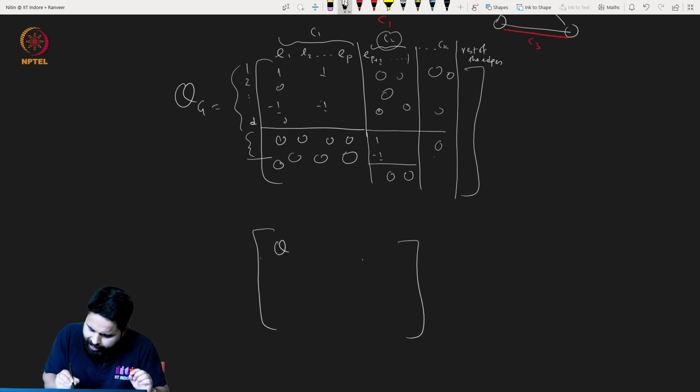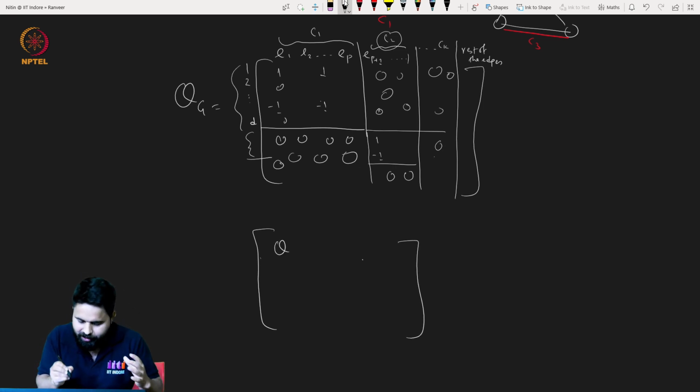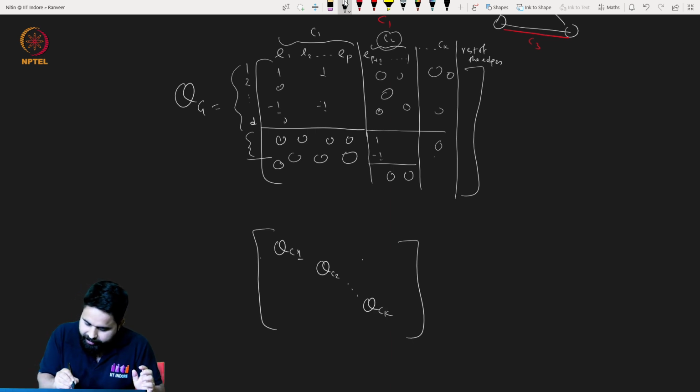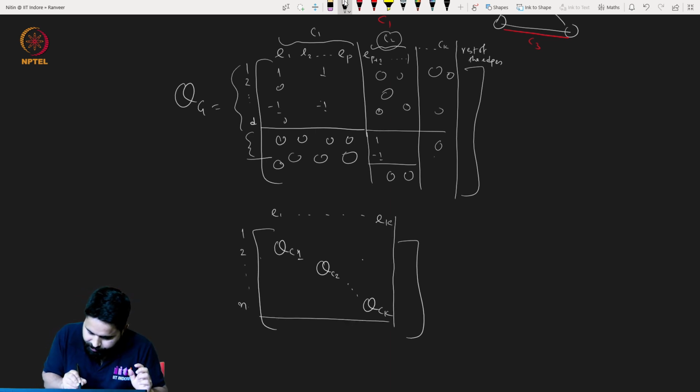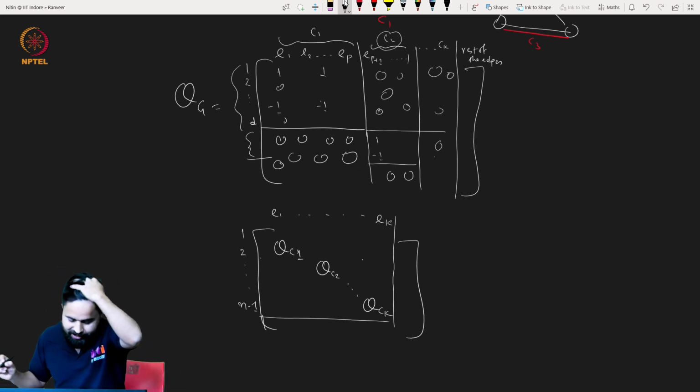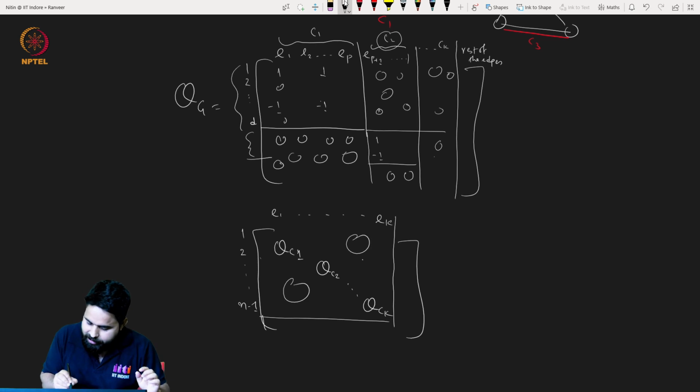So there will be a submatrix of the incidence matrix corresponding to component 1, then component 2, then component K, and all these n minus 1 edges will be consumed by these components, and these will be the n minus 1 vertices. Everywhere else there is 0.